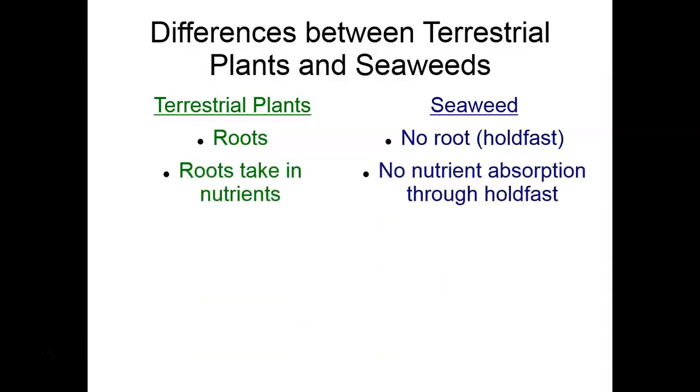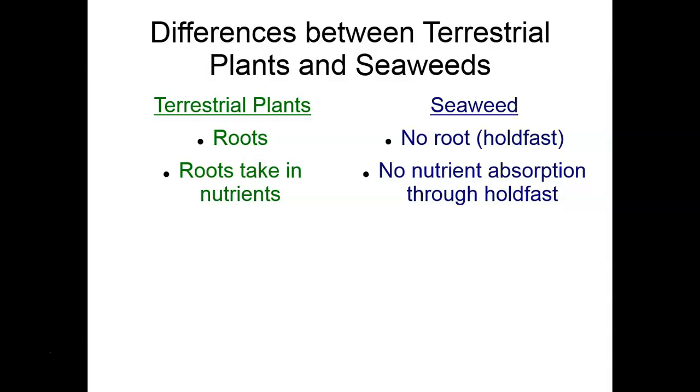Okay, so seaweeds are not plants, and so a couple of differences include that terrestrial plants have roots, whereas seaweeds do not have roots. Instead, they have what's called a holdfast. For terrestrial plants, roots can take in nutrients. That's one of the purposes of roots. And seaweeds, they don't have those roots, and their holdfast, that is for anchoring, doesn't allow for nutrient absorption.